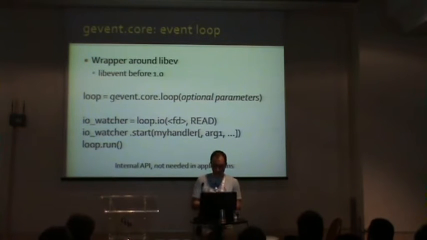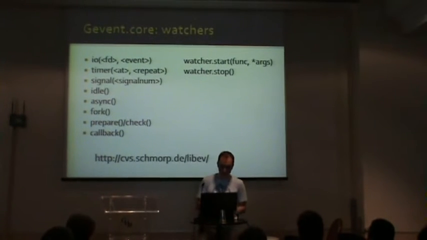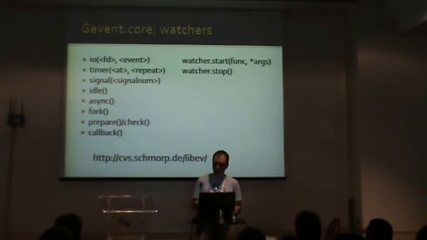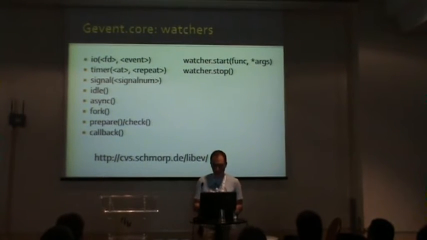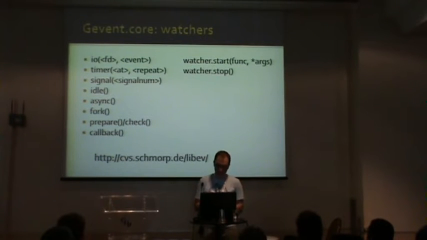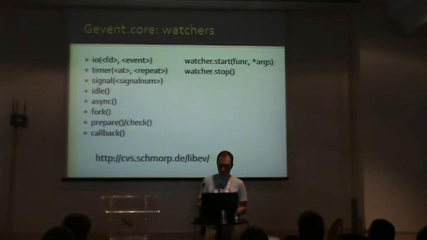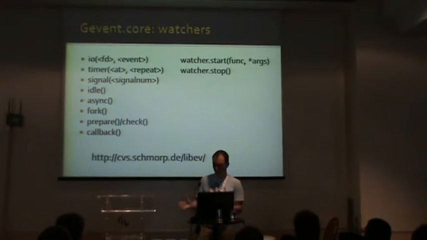And it's not aware of greenlets. It's callback stuff, like you have in Twisted, for example. So libev provides you with all kinds of watchers: level-triggered I/O notifications, timeouts, signals, idleness notifications. And you can start a watcher, pass a function, and it will call that function when the event that this watcher watches for happens.